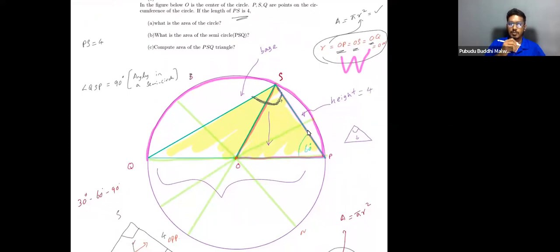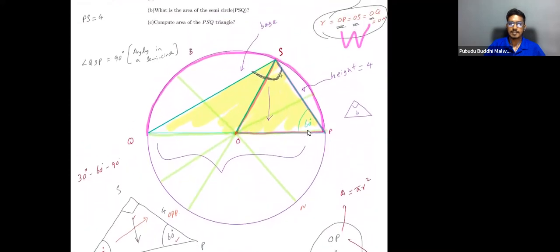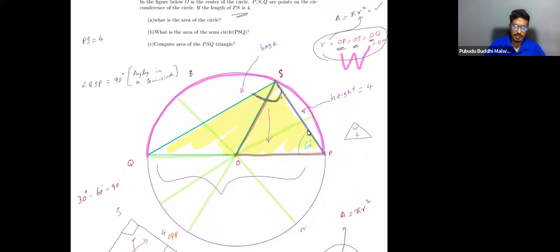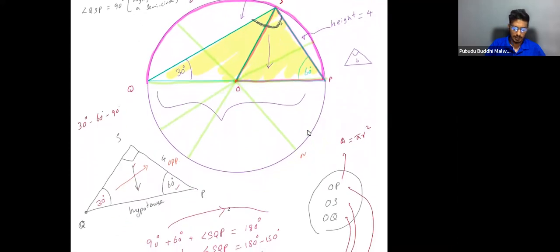But to compute base, either we should use trigonometry or 30, 60, 90 triangle, because this angle, SQP angle equals 30 degrees. I think I explained that here, QSP.